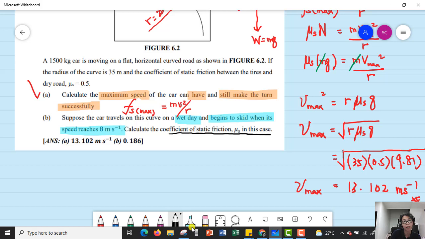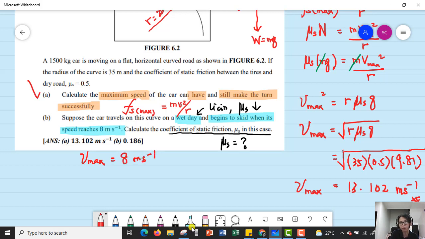On a wet day, the road becomes slippery, so the coefficient of static friction will be smaller. We know the maximum speed before it starts skidding, when it cannot make the turn safely, is 8 meter per second. So we understand Vmax is 8 meter per second.